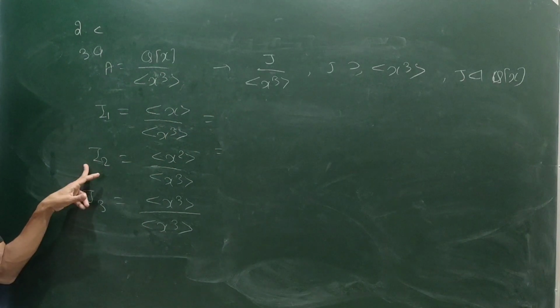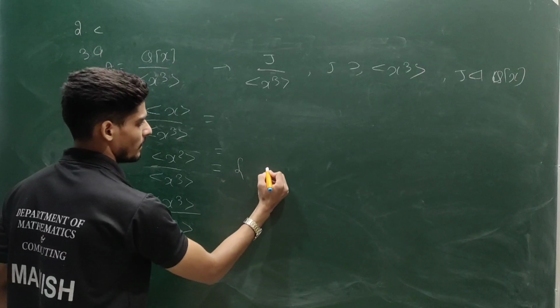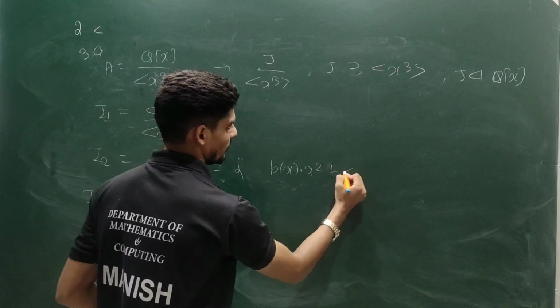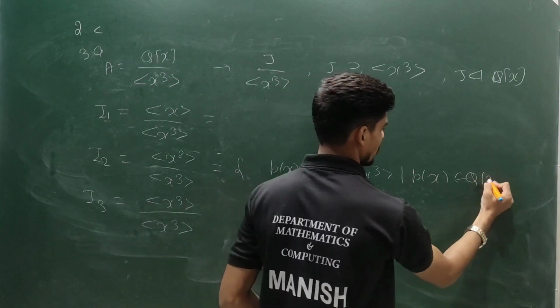What can you say about I2? If you want to write the structure of I2, this will be, say, p(x) times x square plus ideal generated by x cube, such that p(x) is coming from Q[x].